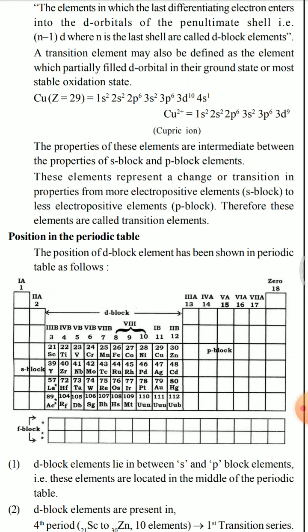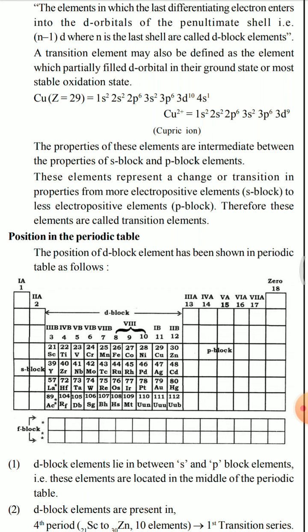For example, let us consider copper. Atomic number is 29. Its electronic configuration is 1s2, 2s2, 2p6, 3s2, 3p6, 3d10, 4s1. That is argon 3d10 4s1. Here the 3d orbital is completely filled. That means the copper atom in the atomic state has a completely filled d orbital.